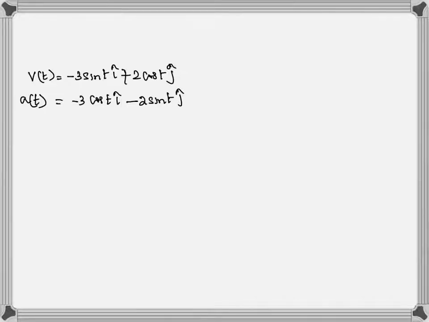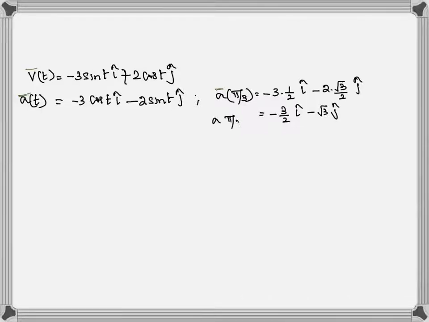These are all vectors, so you need to put an arrow on top. And we need to get a of t at t equals pi by 3. So a of pi by 3 is negative 3 times 1 half i minus 2 times root 3 over 2 j. Simplifying, we get negative 3 halves i minus root 3 j. So this is the acceleration at t equals pi by 3.